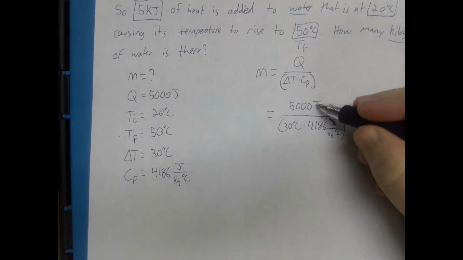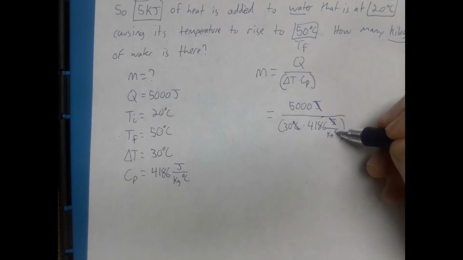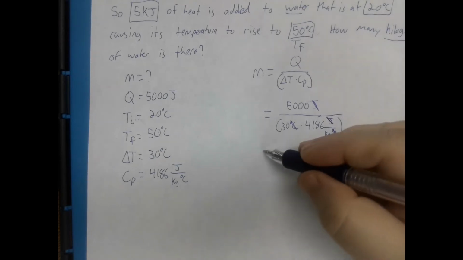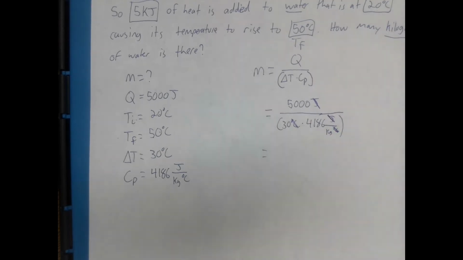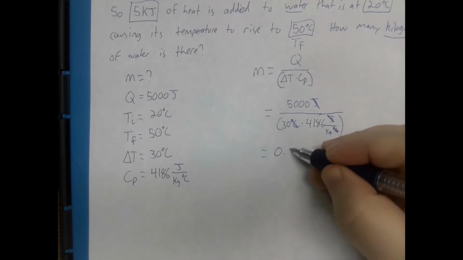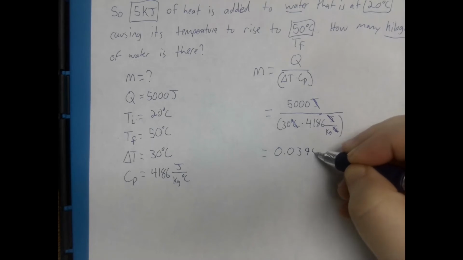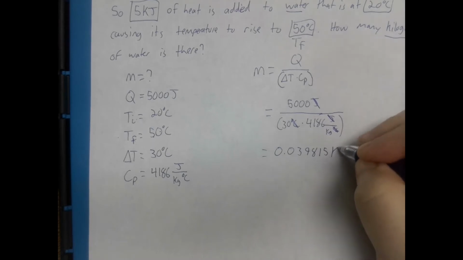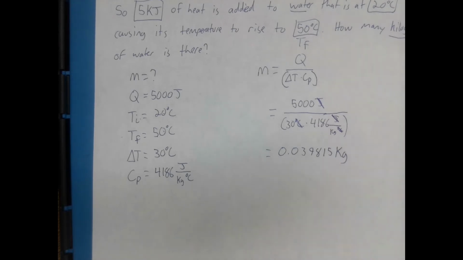So joules cancel out, degrees Celsius and degrees Celsius, and we're left with kilograms. And so it's 0.03981 kilograms.